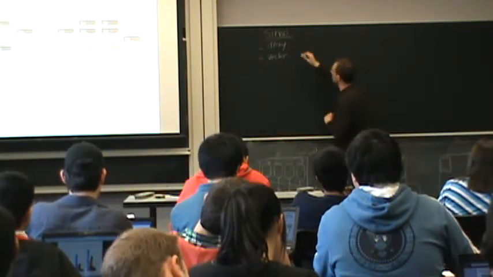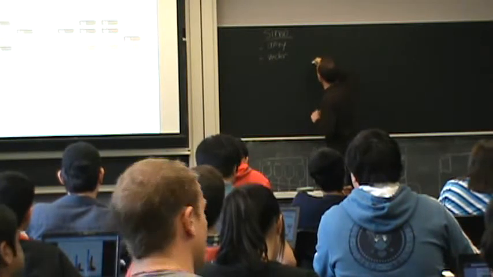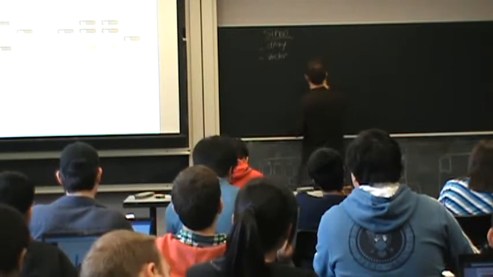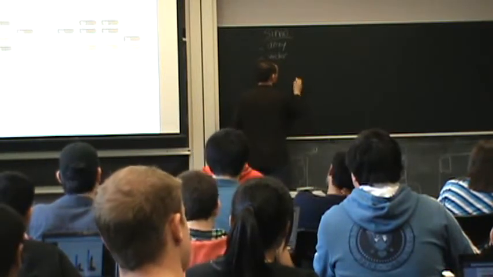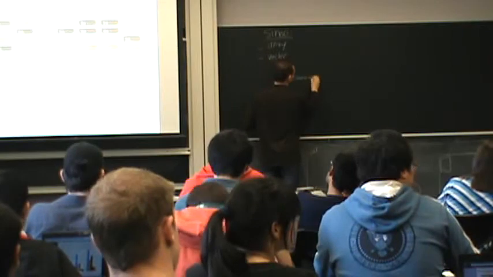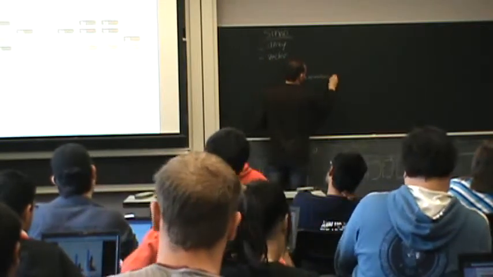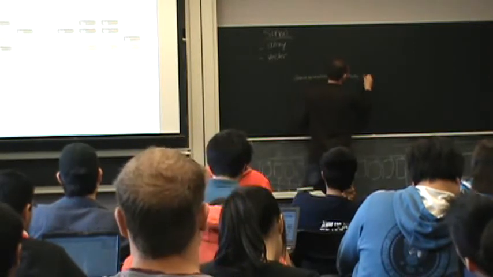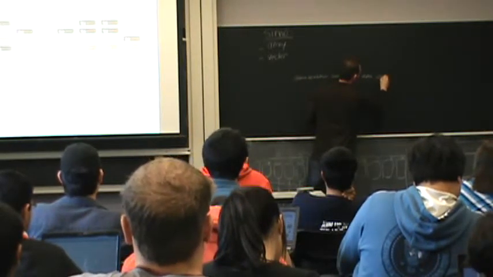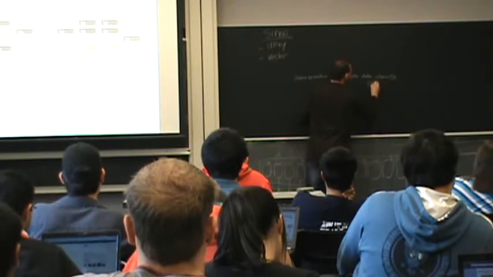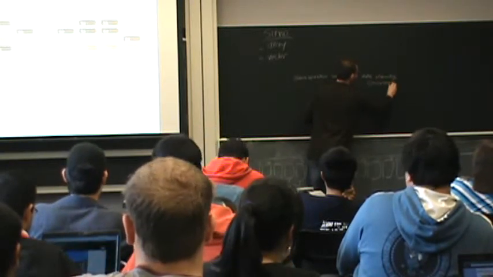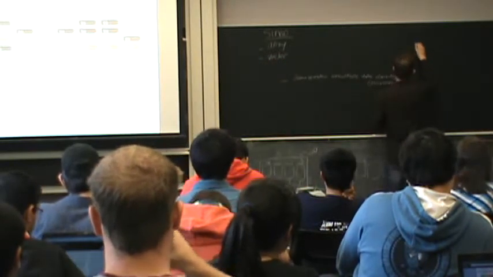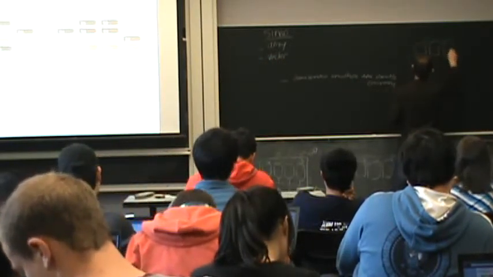And the idea in an array processor is you execute the same operation on multiple data elements concurrently, at the same time, right? So if you look at an array processor, it's like this. You have processing elements.